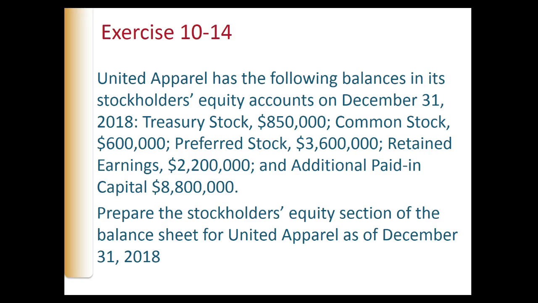Treasury stock of $850,000, common stock $600,000, preferred stock $3,600,000, retained earnings $2,200,000, and additional paid-in capital $8,800,000. Prepare the stockholders' equity section of the balance sheet for United Apparel as of December 31st, 2018.